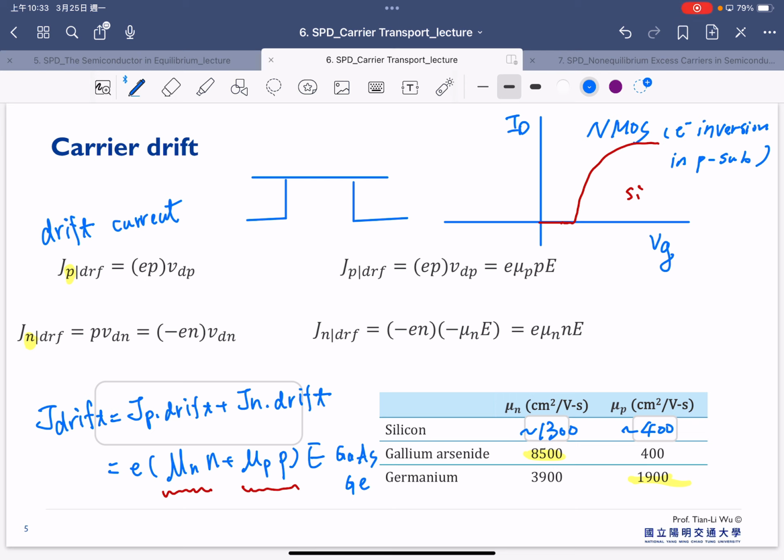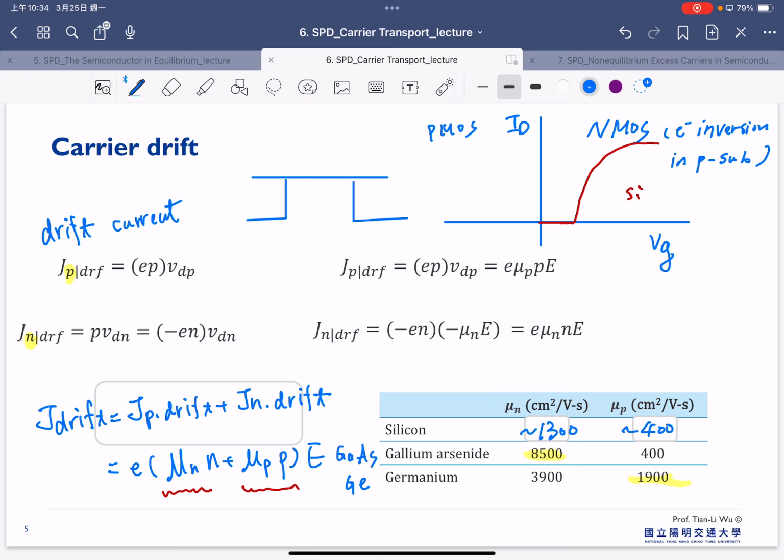The reason why we have to mention the P substrate here is because right now we also have to draw the current for the P MOSFET. So I won't draw again for the N MOSFET, because if you look at the several slides before, in the introduction, every MOSFET I'm drawing is NMOS.